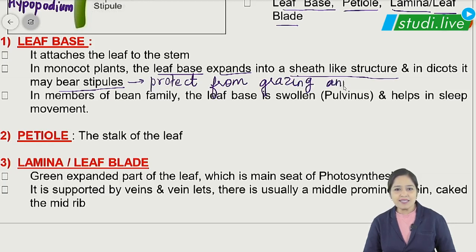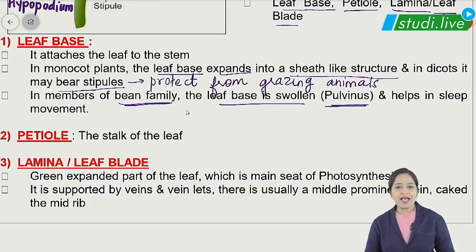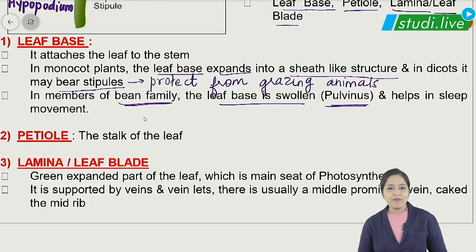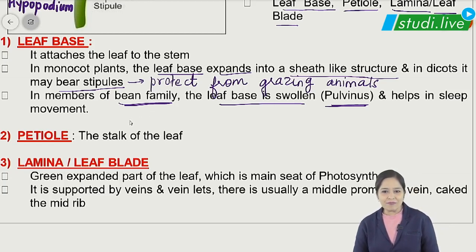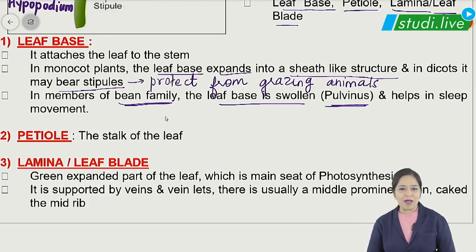Now in members of the bean family, the leaf base is swollen, and this swollen leaf base is known as pulvinus, and it helps in sleep movement. So we have seen the leaf base is different for monocots, for dicots, and for plants of the bean family.